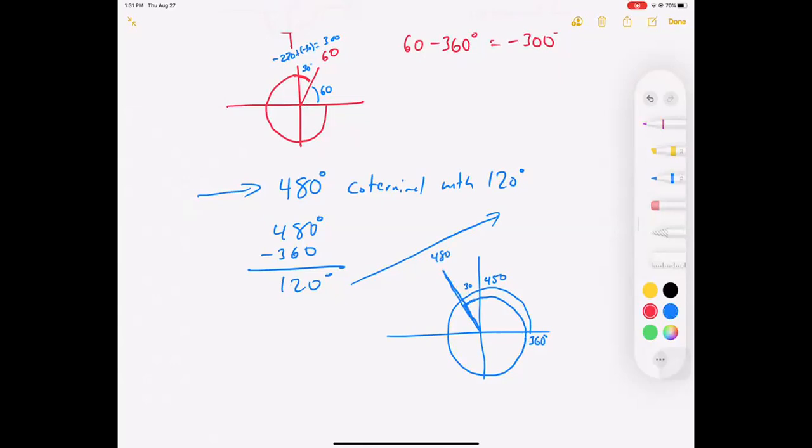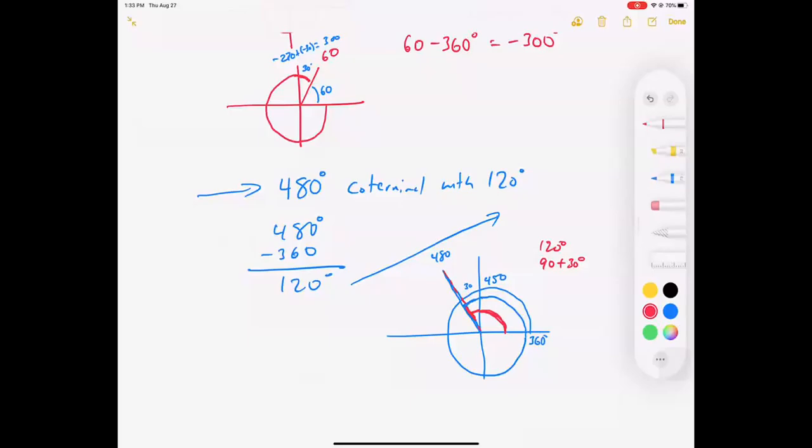Well, what does 120 look like? 120 is 90 degrees plus 30 degrees. It's 90 degrees plus a little bit of 30. Yep, we're at the same angle. So we can go either forward or backwards. Both ways work for us.